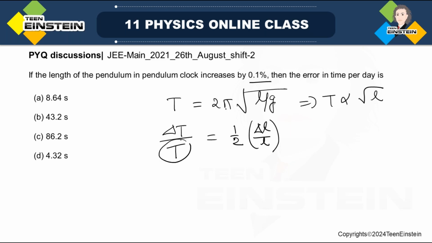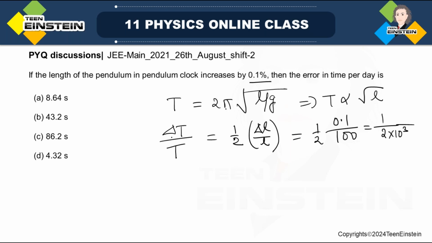That means this is given already, so let me find out what is delta T by T. So half into 0.1%, that means I'll write 100 over here, so I get 1 over 2 into 1000.